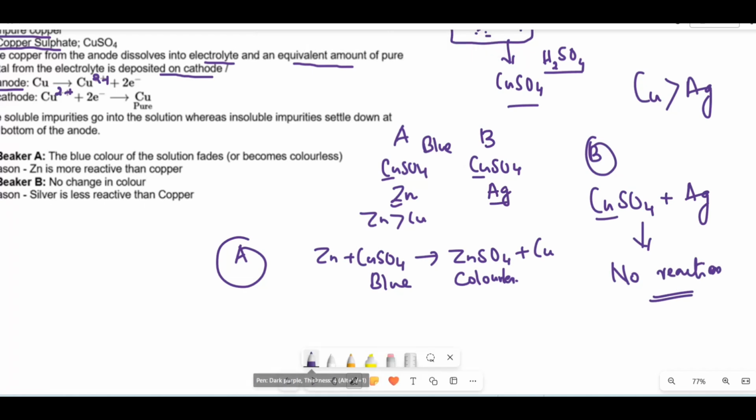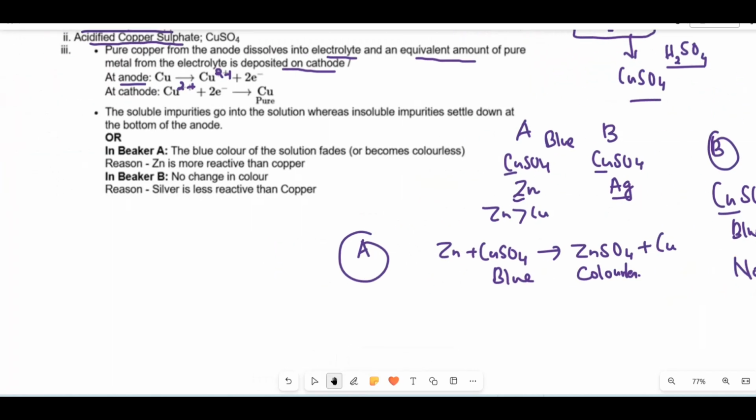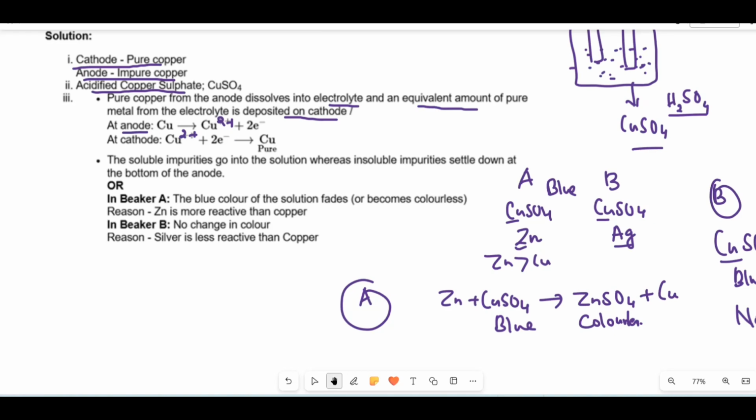There is no reaction, so the color will be the same in this case. Okay. If you want to answer this question, you should know the reactivity series properly. Students, learn the reactivity series very well because a lot of questions ask about displacement as well as double displacement reactions. Okay. So this is the section E part. One was electrolytic refining of copper, the second regarding the displacement reaction. Next class we will see the next set of question paper. Till then, bye bye, children.